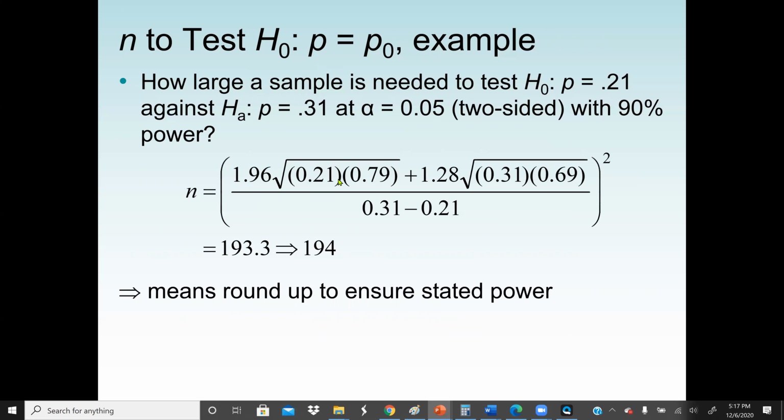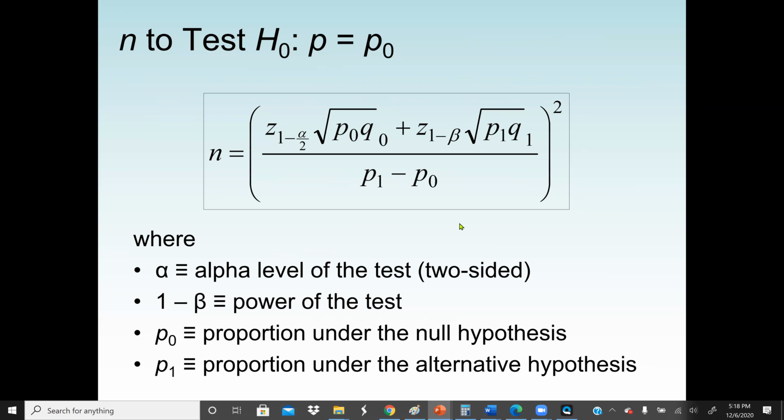Square root of P0 Q0: if P is 0.21, then Q will be 1 minus 0.21, which is 0.79, plus 1.28 times the square root of 0.31 times 0.69. Then we have the difference of P0 and P1. Again, this is the formula, P1 minus P0, Z 1 minus beta, and Z 1 minus alpha over 2.